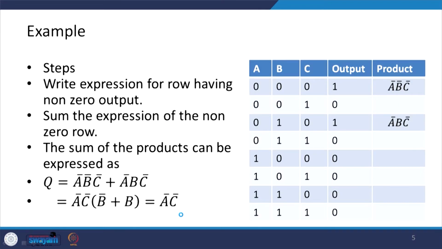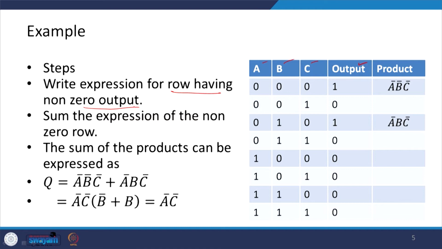Now, I can give an example. Suppose I have been given a truth table and I am asked to write a Boolean expression for that. Let us take an example. Say you have the three inputs A, B, C, and you have an output like this. The process is that we write expressions for rows having non-zero output.